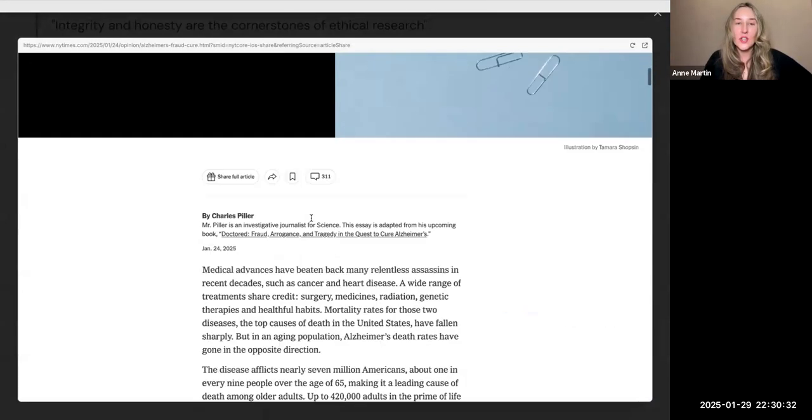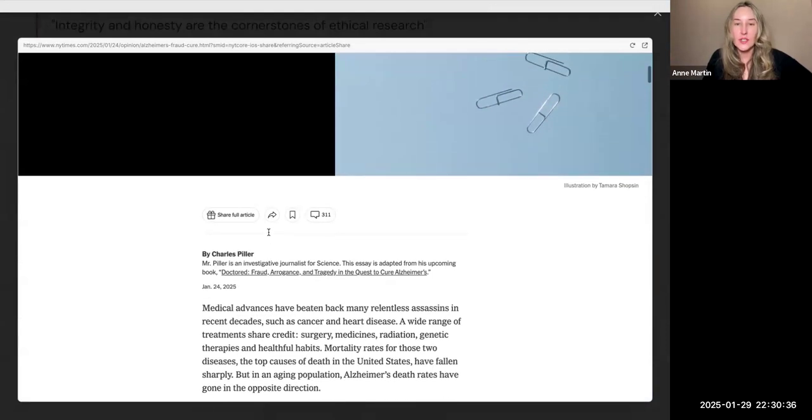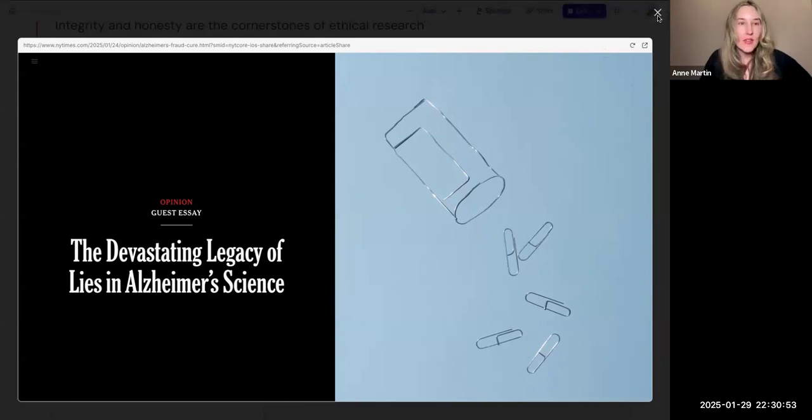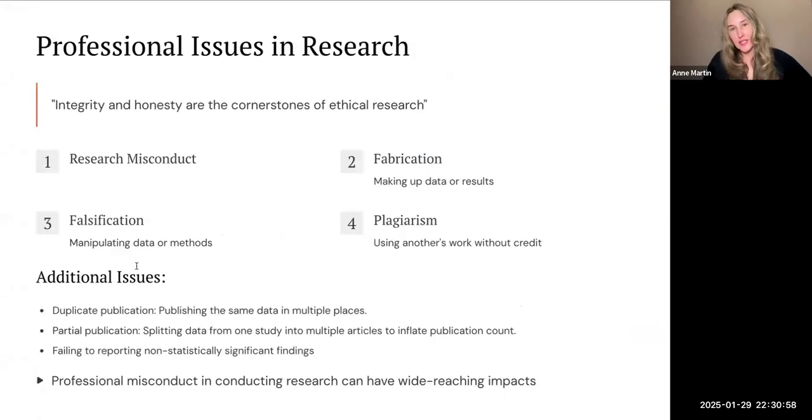This article is based on a book that the author is writing about some of the falsified results in Alzheimer's research, the legacy of that, and how that has led to some false theories and a lot of understudied issues in Alzheimer's that of course affects a lot of people. So that is one example, if you want to check that out, in medicine.